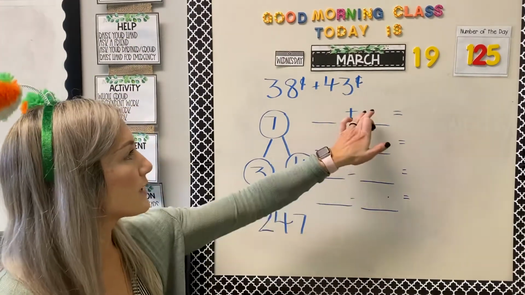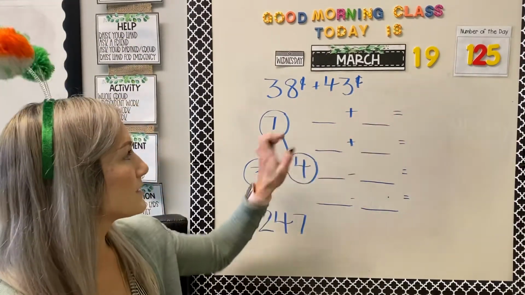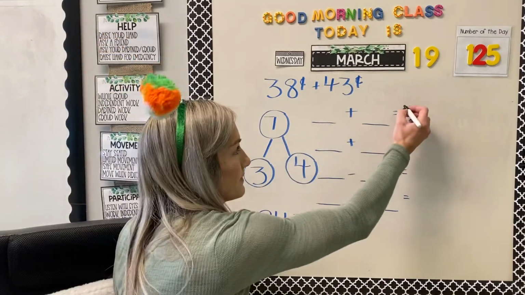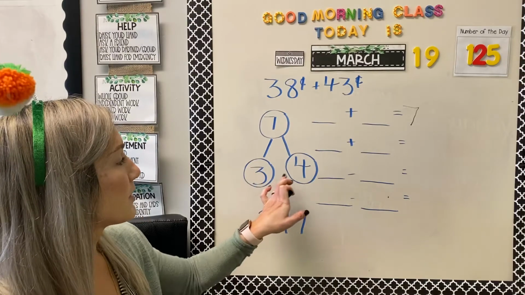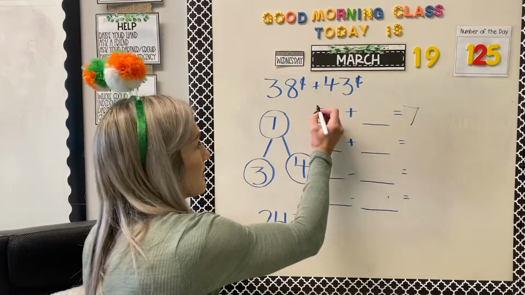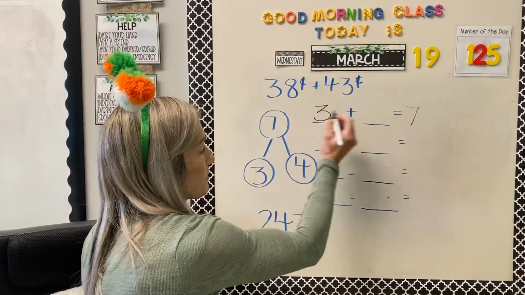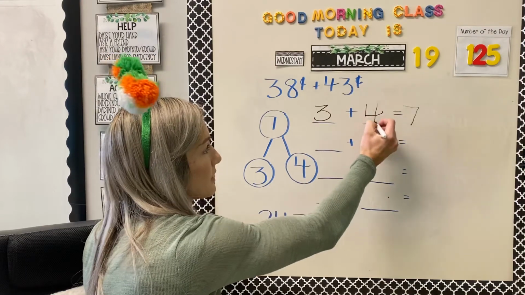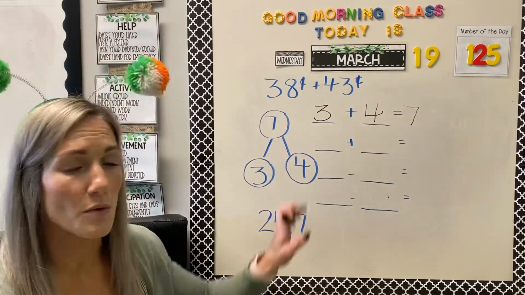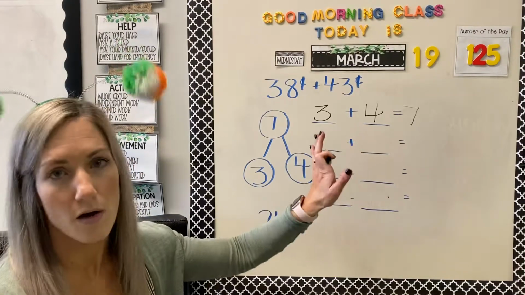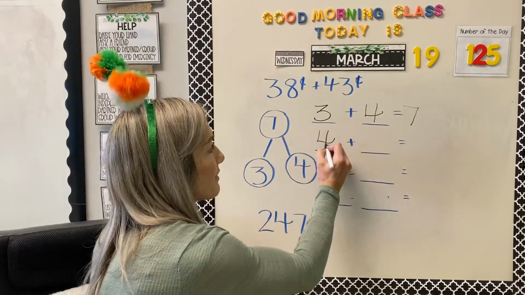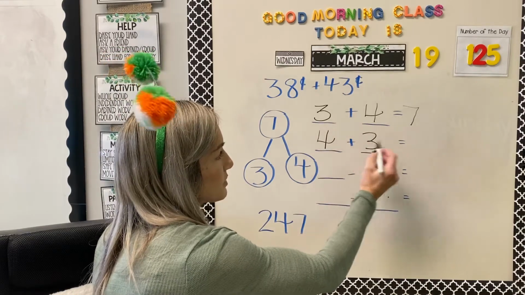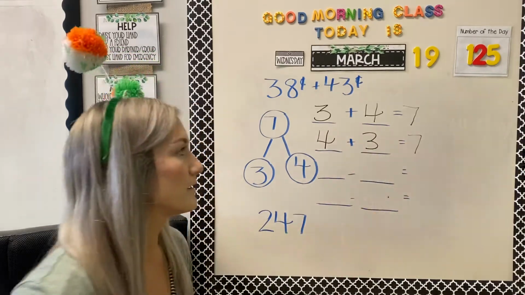So what plus what equals 7? 3 plus 4 equals 7. So when we do our second addition problem, all we need to do is flip the numbers. So I also know that 4 plus 3 equals 7.